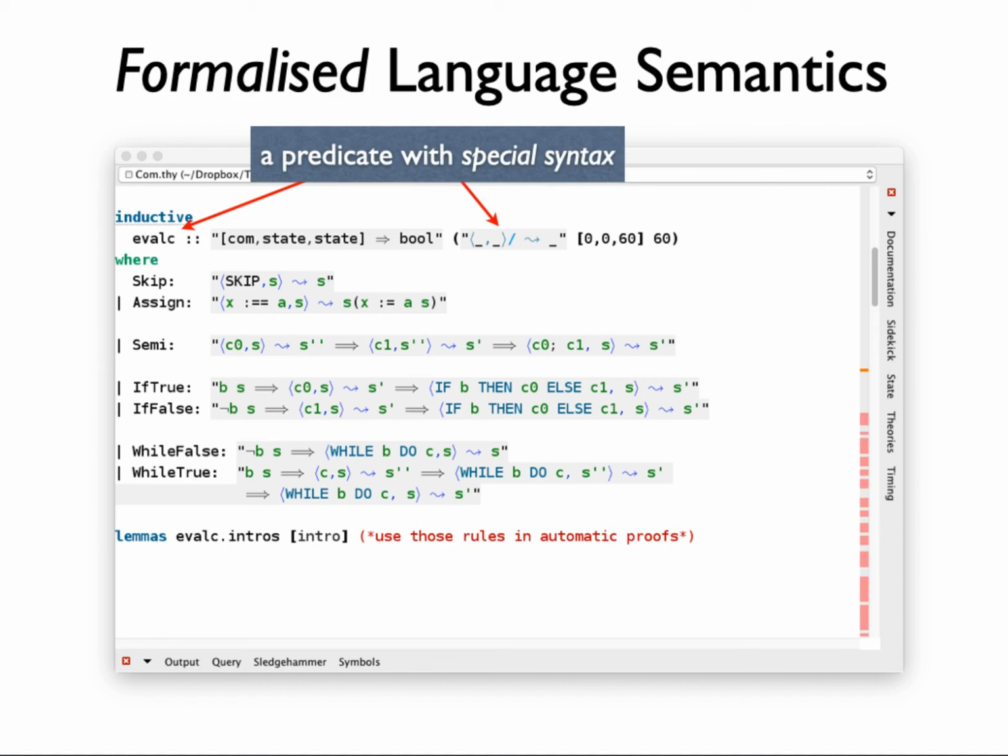So it's got the angle brackets, a comma, the wiggly arrow indicating the transition. By the way, the slash there, if you want to look really carefully, is formatting information. It's not part of the syntax of the transition symbol. That is telling the Isabelle pretty printer that it can break a line at that point, so before the wiggly arrow.